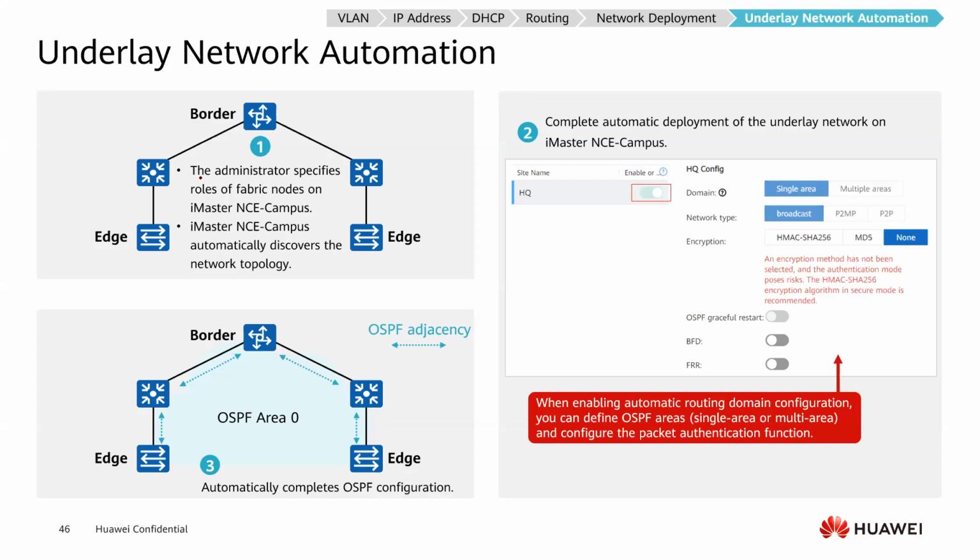So the process is that first the administrator specifies the roles of the fabric nodes on the controller, which one is the edge node, which one is the border node, and then the controller will discover the topology by LLDP, and then you can enable the automatic routing domain configuration function here, and configure single or multiple areas, choosing the network to enable the automatic deployment of OSPF. It deploys OSPF on the whole network, establishes the OSPF neighbor adjacency relationships, and calculates the OSPF routes.